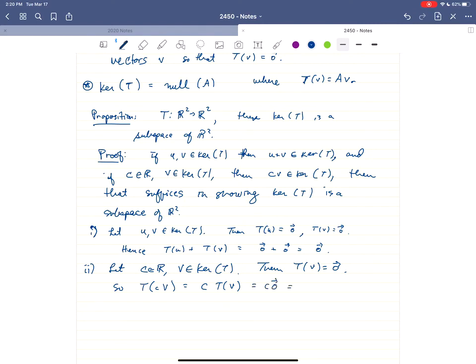Any constant times the zero vector is the zero vector. Okay, so this tells us that U plus V is in the kernel, and C times V is in the kernel. So in other words, the kernel is a subspace of our input, our domain R2.